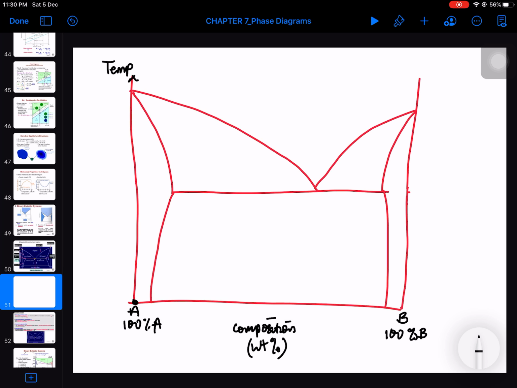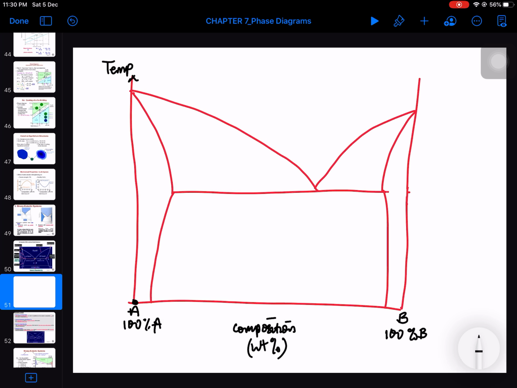If you can recall, the binary phase diagram for the isomorphous systems looks very simple. We only have three regions within the isomorphous phase diagram, which are the liquid, the liquid plus solid, and the all solid region.